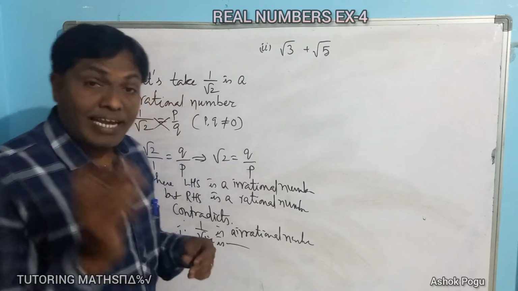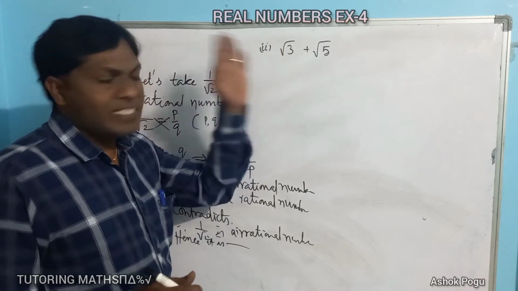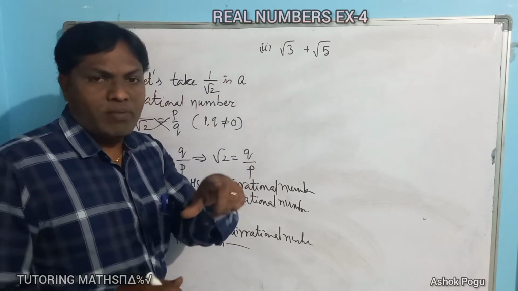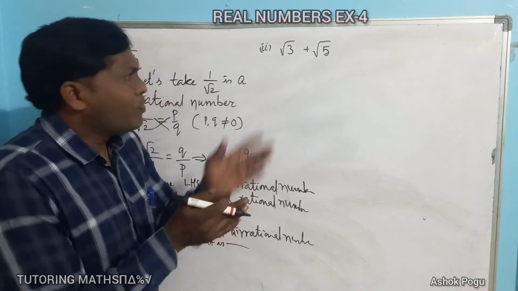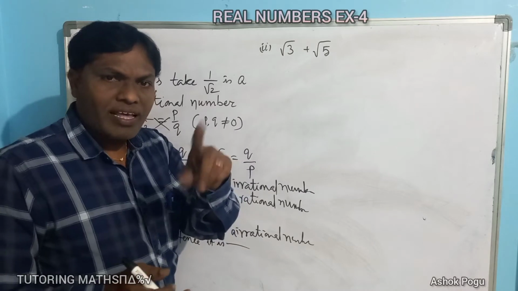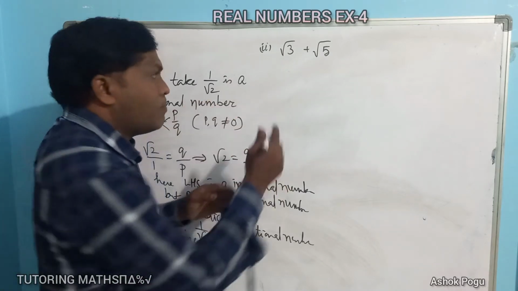Coming to the second question, root 3 plus root 5. We have to prove that it is an irrational number. All models are the same, all questions are the same. If an irrational number is given, first you assume it as a rational number.